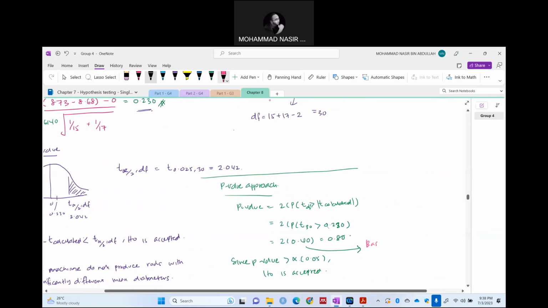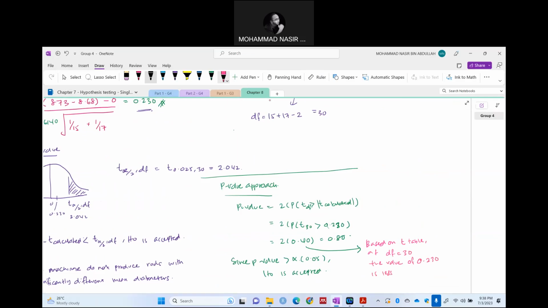So based on the T table, at degree of freedom equal to 30, the value of 0.230 is less than 0.256, which is at alpha 0.40.